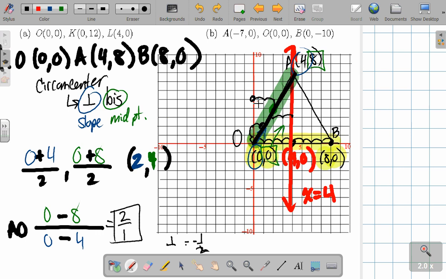That way you can have a visual estimate before you even do the math. Okay, so that's the perpendicular bisector. So our point's around there somewhere.